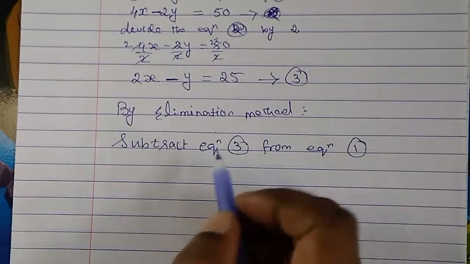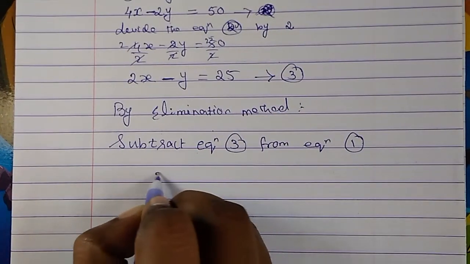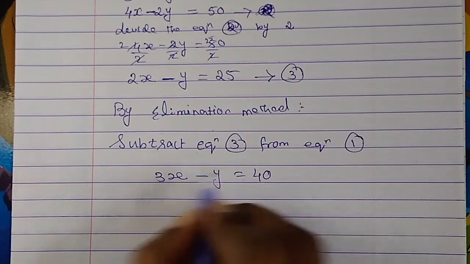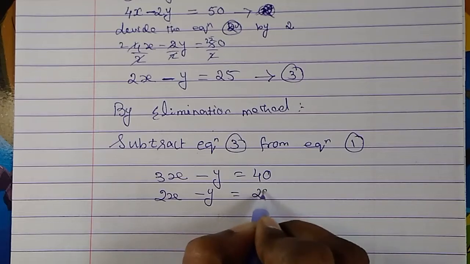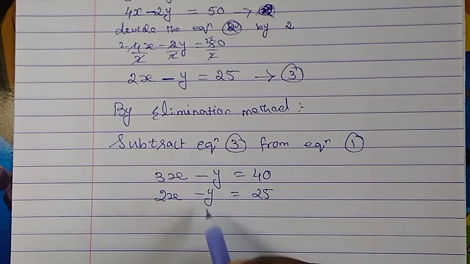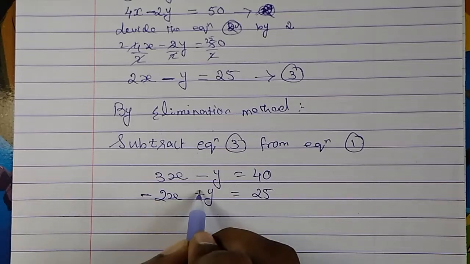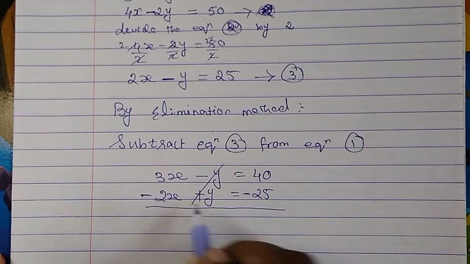So equation 3 we are subtracting from 1. That means you have to write down 1 first: 3x plus y equal to 40. Equation 3 is 2x minus y equal to 25. Now both are the same sign, so we will change the sign in order to eliminate. This becomes minus, this becomes plus, this becomes minus. So now this gets eliminated.